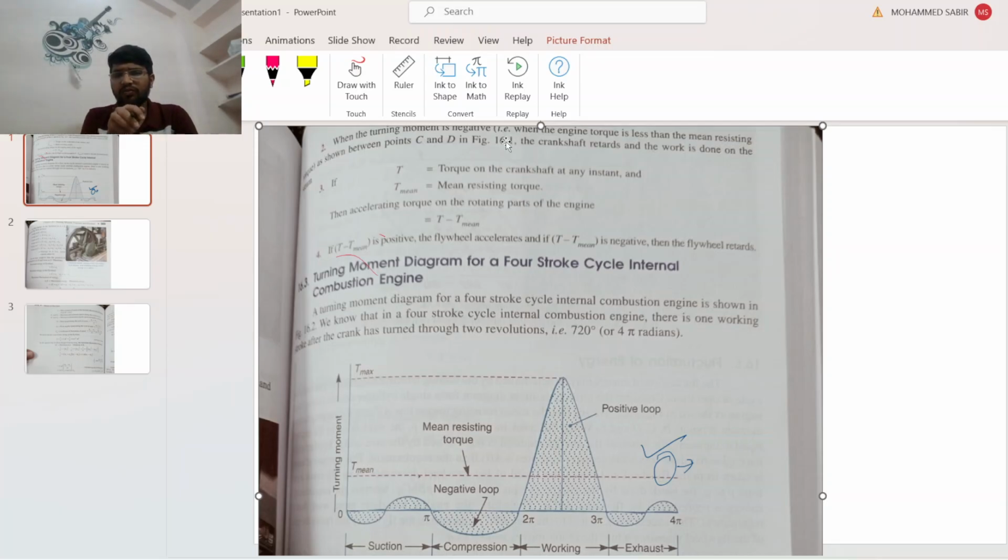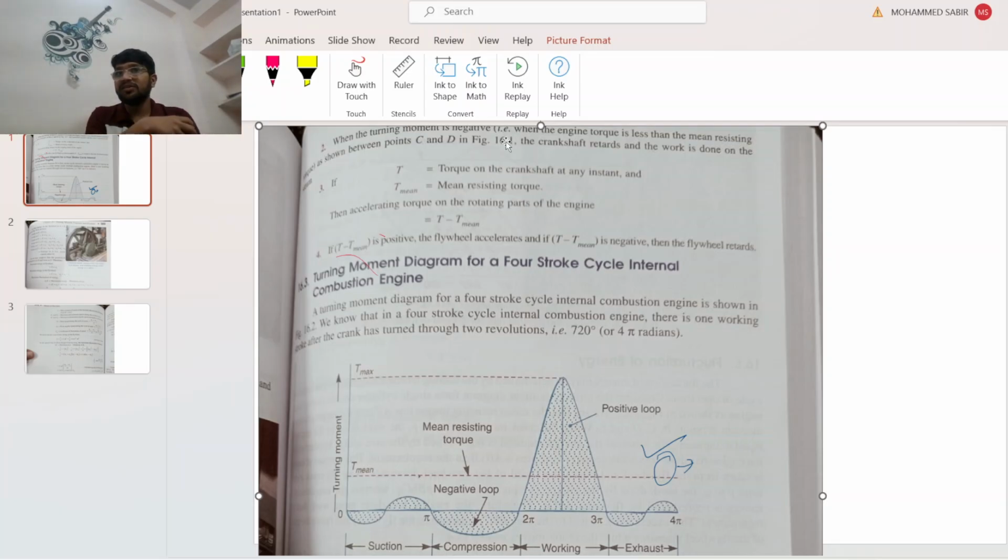And what is the resisting torque? When we apply a load on the crankshaft, the resisting torque is there due to the generator, where we use an engine to generate electricity.